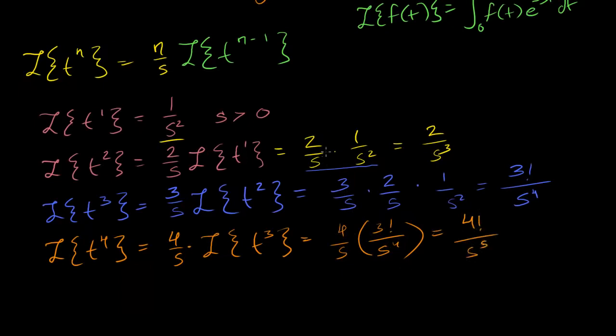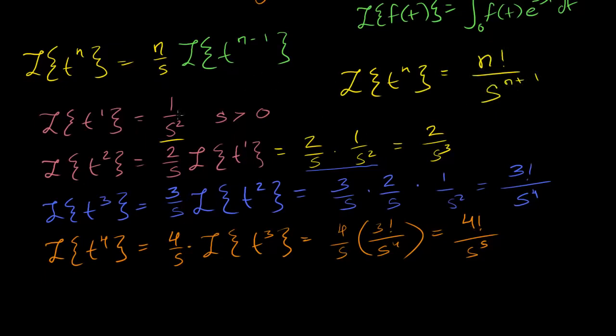And so you can just get the general principle, and we can prove this by induction. It's almost trivial based on what we've already done, that the Laplace transform of t to the n is equal to n factorial over s to the n plus 1.